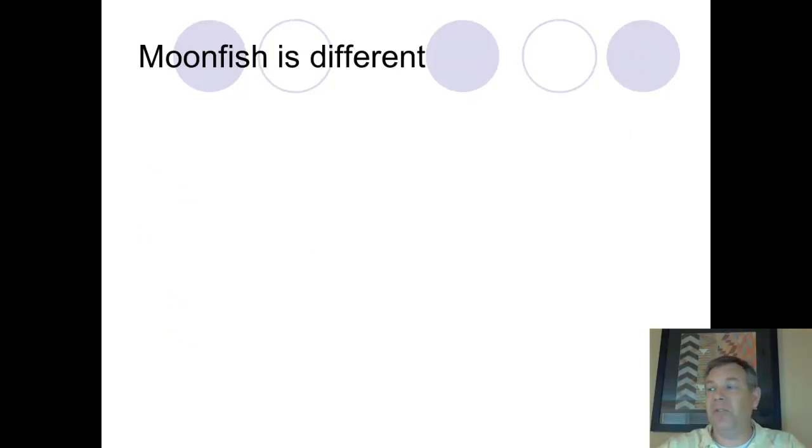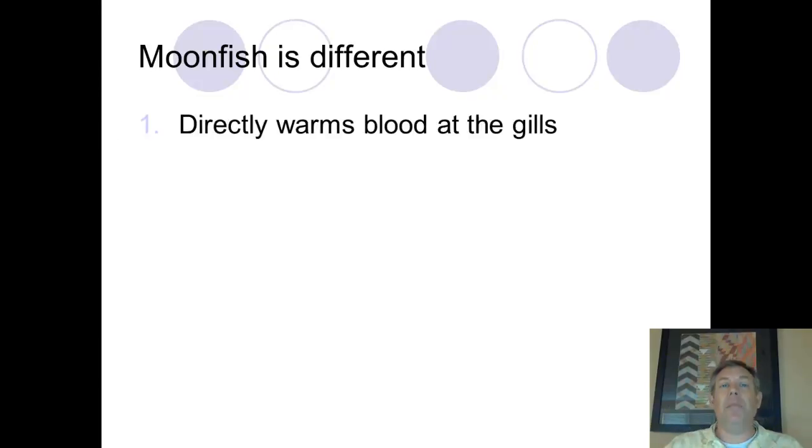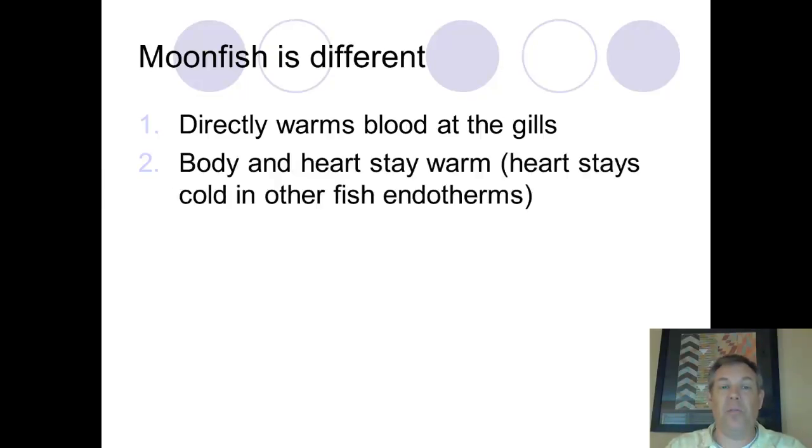Again, the moonfish is different. The moonfish is cool because it directly warms the blood at the gills, and it's got adaptations so that the cool blood gets heated up right away, even before it gets to the rest of the fish.